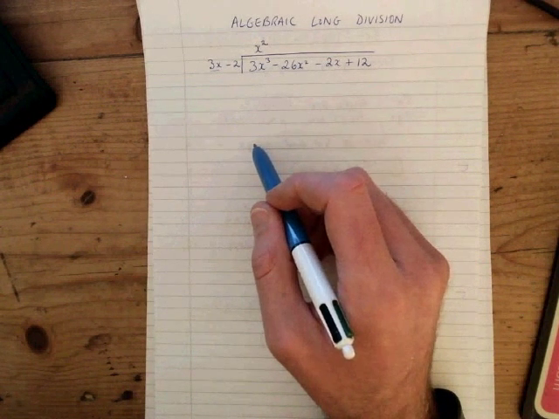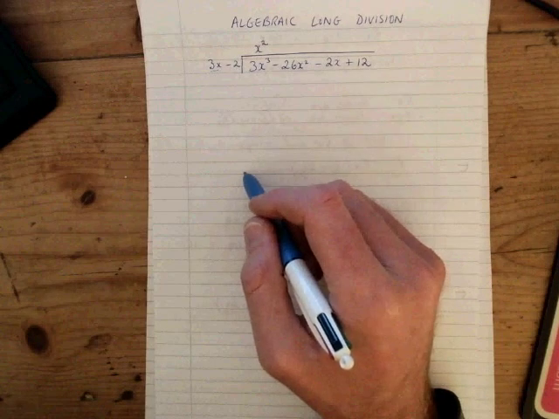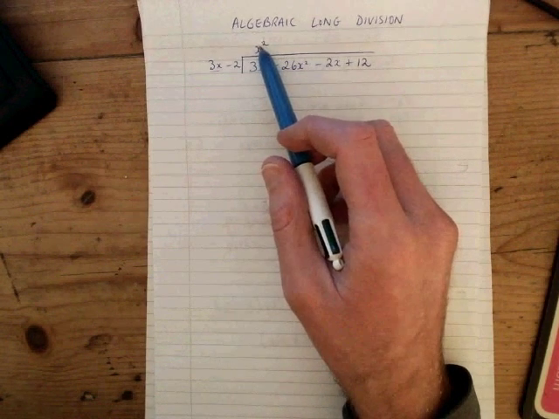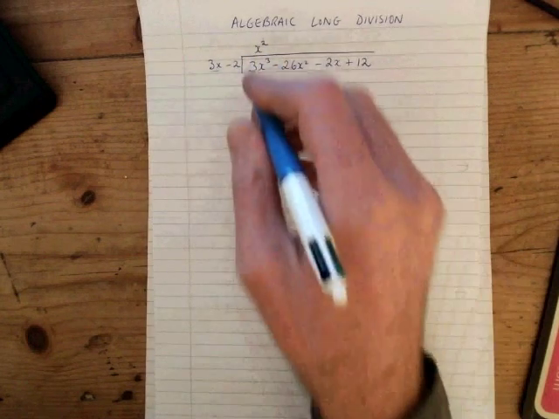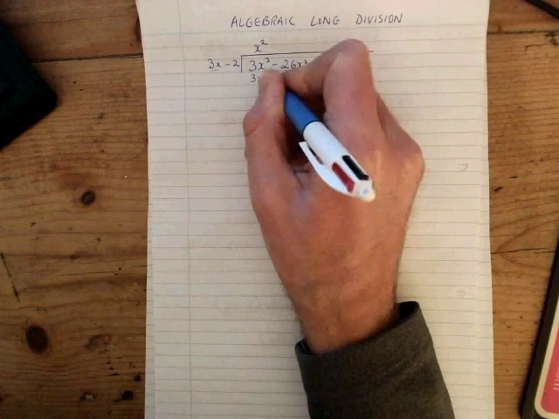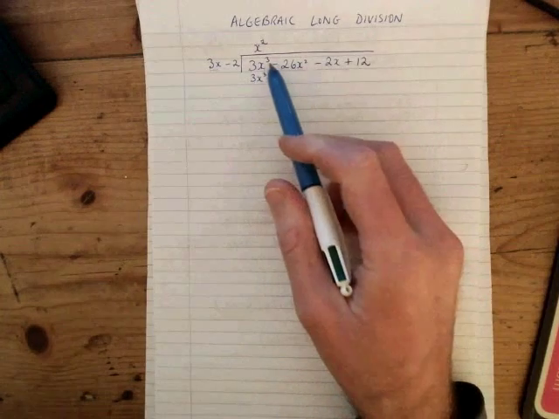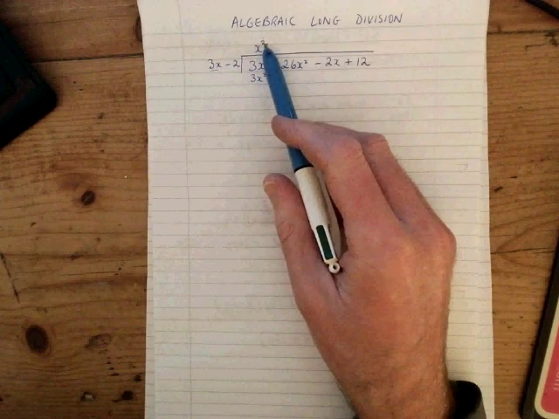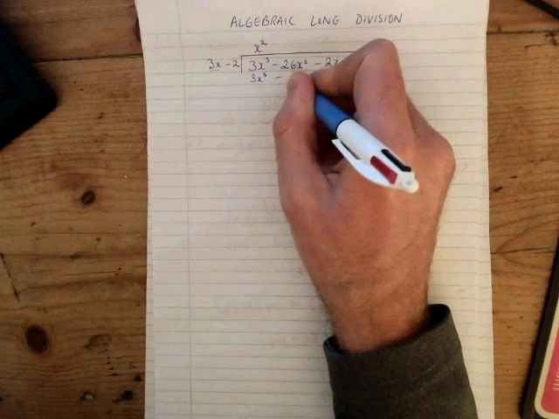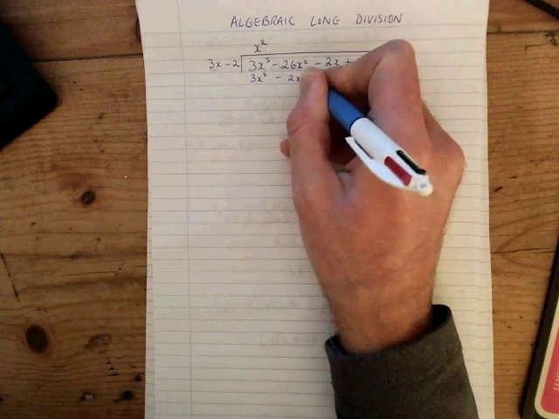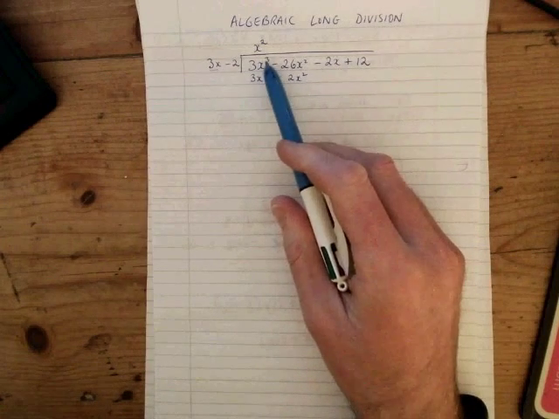Step number 2, take our answer up here and multiply it by 3x, which gives us 3x cubed, but we also need to multiply it by minus 2, which is minus 2x squared. And you'll see we have cubed and cubed and squared and squared.